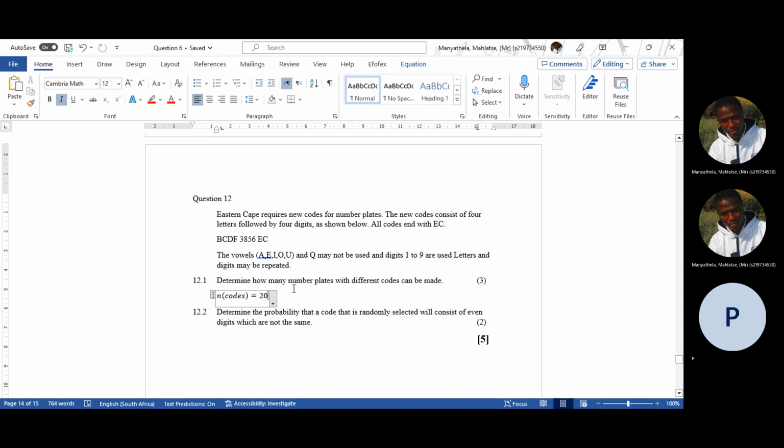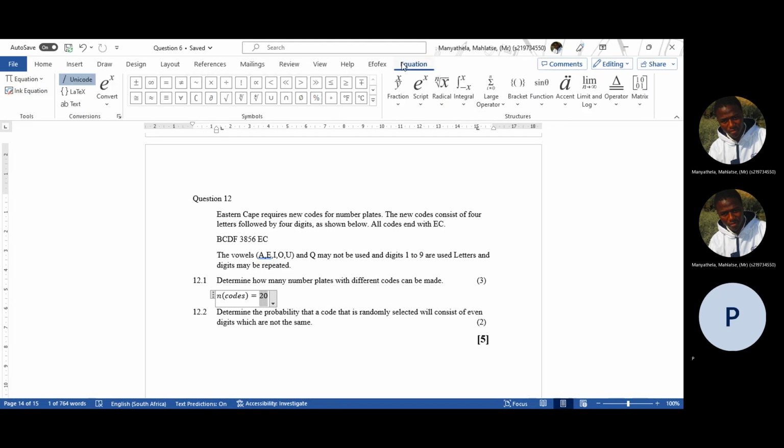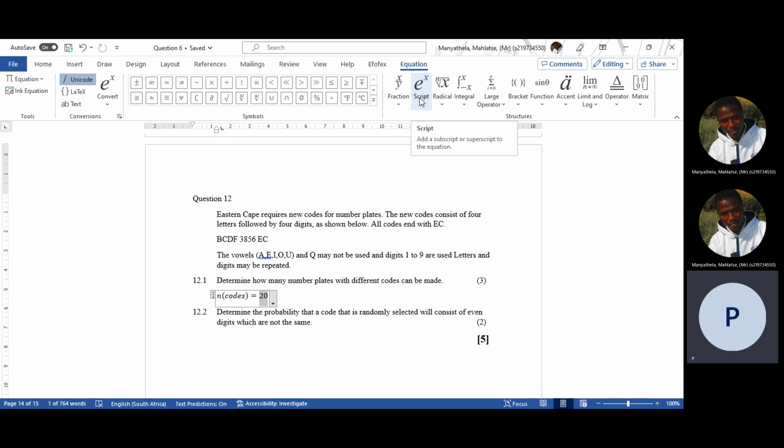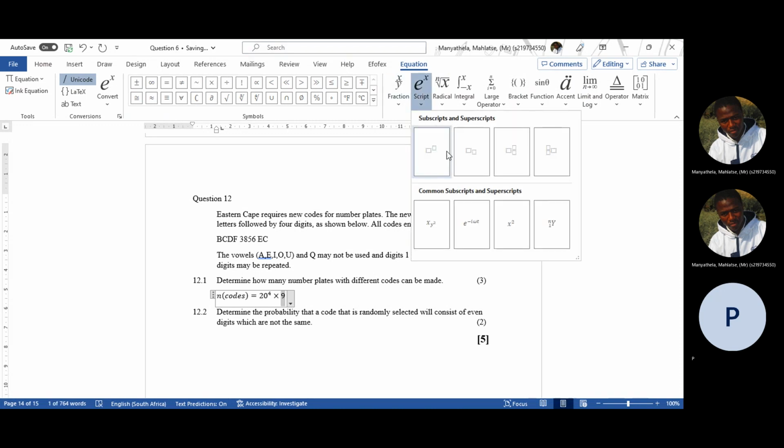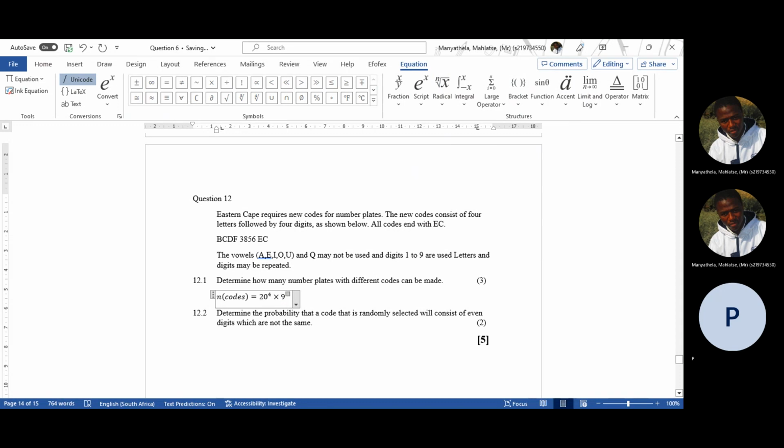Letters and digits may be repeated. So it will be 20 raised to the power 4, times 9. Why 9? 1 to 9 is 9, raised to the power 4, because digits may be repeated.